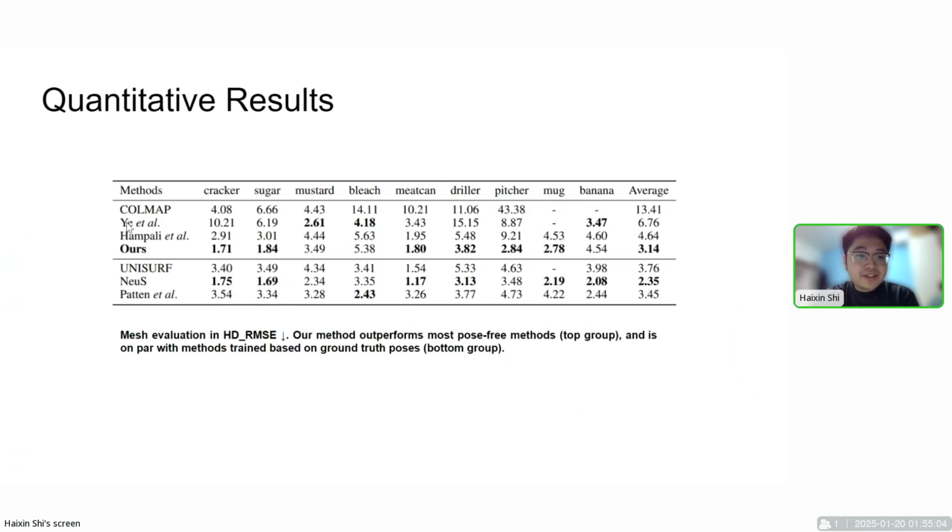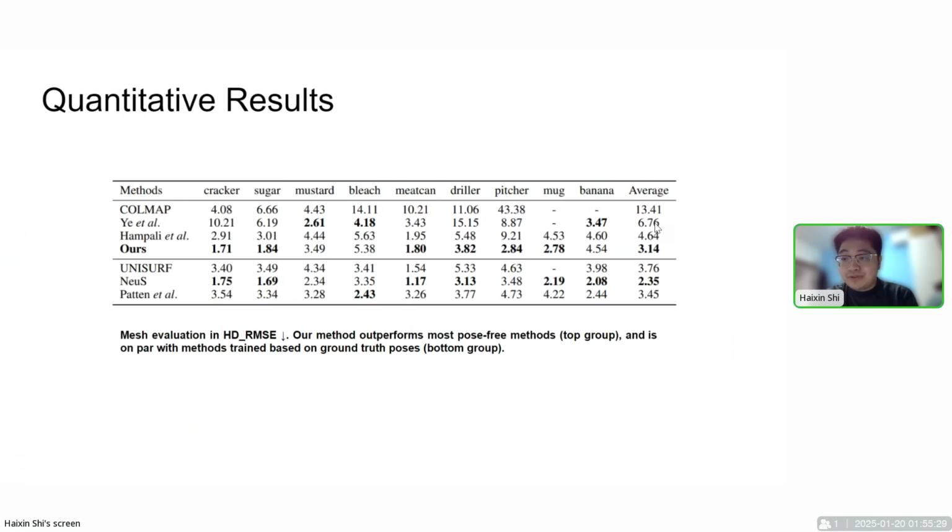The second method relies on the hand poses to initialize the object pose. The third method is Hampali's, the recent SOTA, and it has better results compared with the hand pose prior method. Notice that our method has the best performance compared with these three different types of pose-free methods.